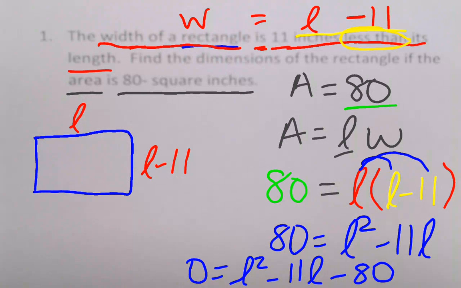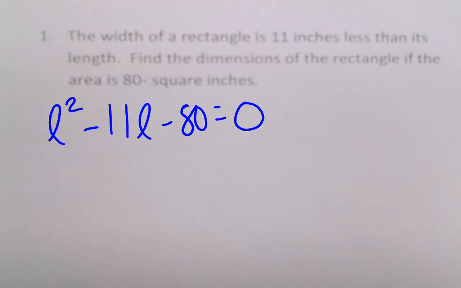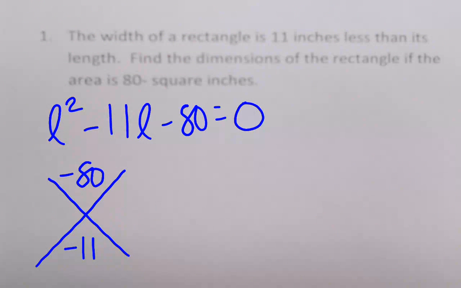Now I need to factor. How many terms do I have? 3 is a yes, so that means I need to use the X factor. So I had L squared minus 11L minus 80 equals 0. Do my X: what multiplies to negative 80 and adds to negative 11?